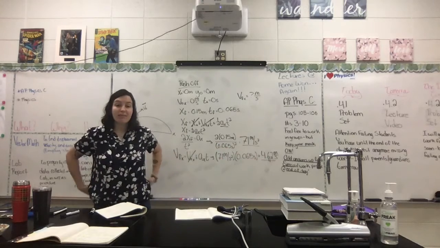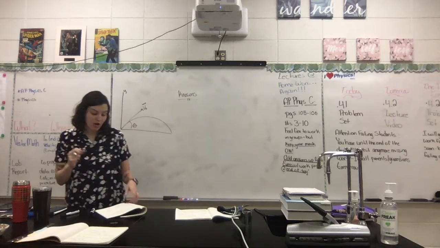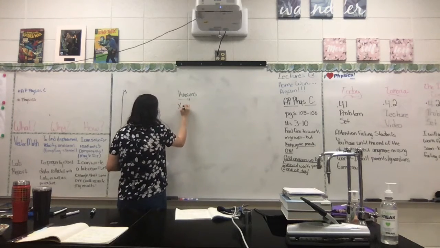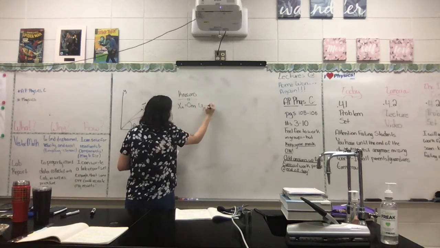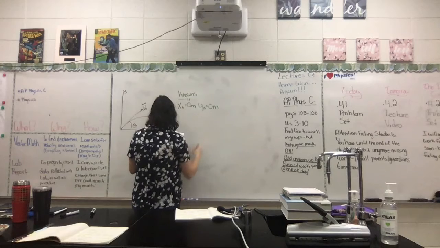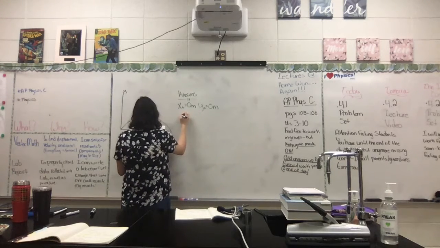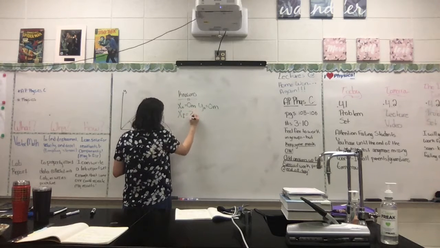So we need to talk about him in flight. If we list out our knowns for this frog while he's in flight, he starts at 0 meters for x and y to make the math easier on us. We want to know what his final x position is.